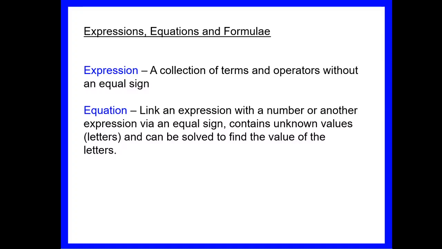An equation links an expression with a number or another expression via an equal sign. It contains unknown values, which we usually have as letters, and can be solved to find the value of the letters. And the important thing with our equation is it does have an equal sign and we can solve it.